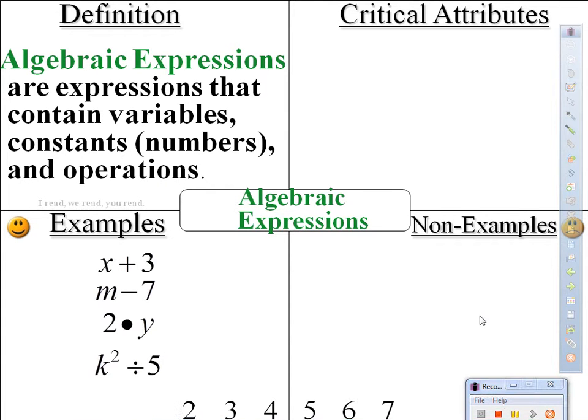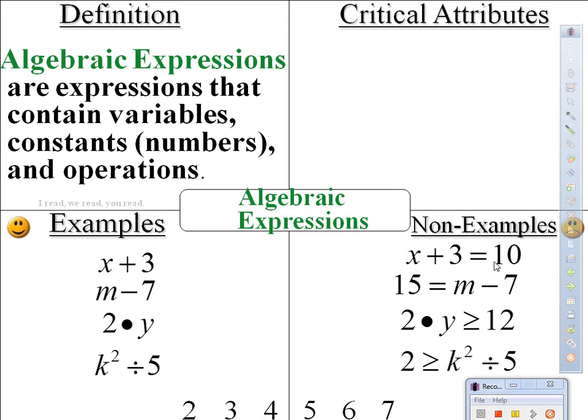Non-examples: x plus 3 equals 10, 15 equals m minus 7, 2 times y greater than or equal to 12, and 2 is greater than or equal to k squared divided by 5, sorry. Copy that.